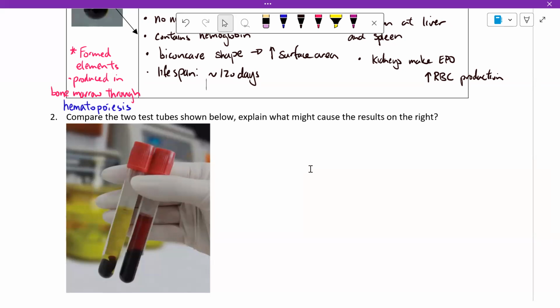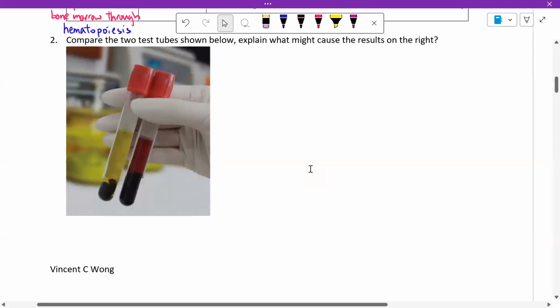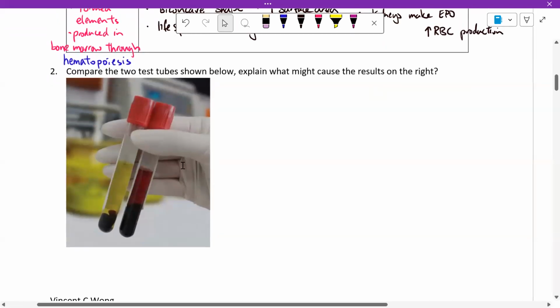This would be an example of an application question you might see, in another context, that you have not seen before, but at the same level of difficulty and complicatedness that you have to think through yourself. I show you a picture comparing two test tubes. Explain what might cause the results on the right.